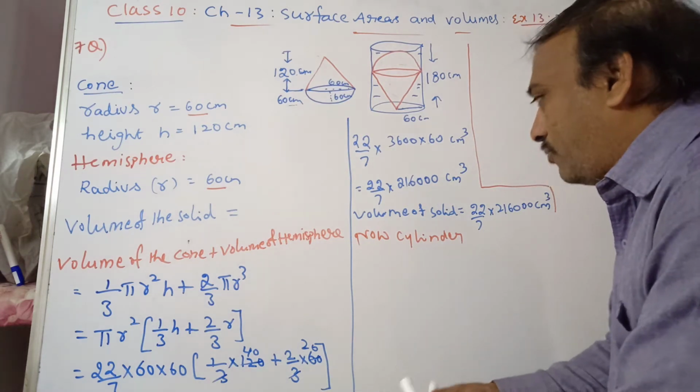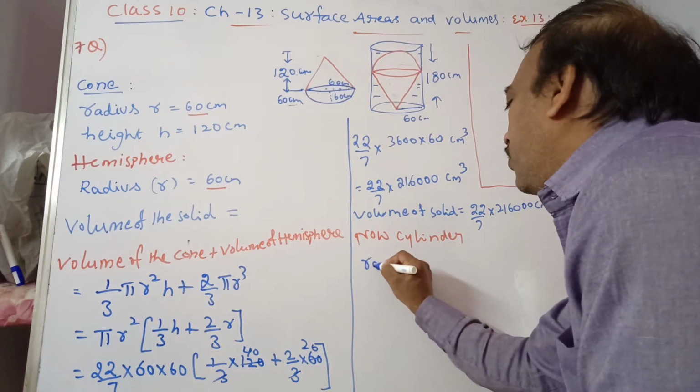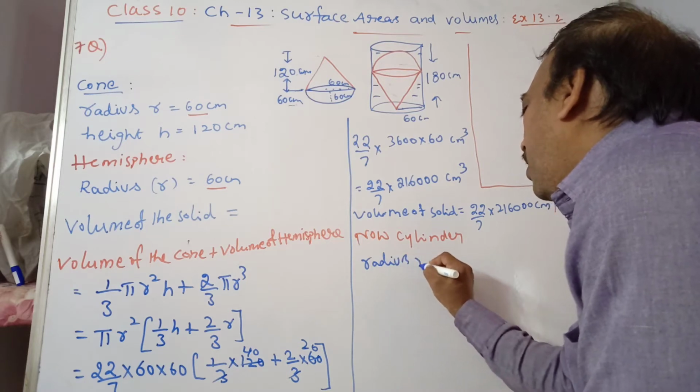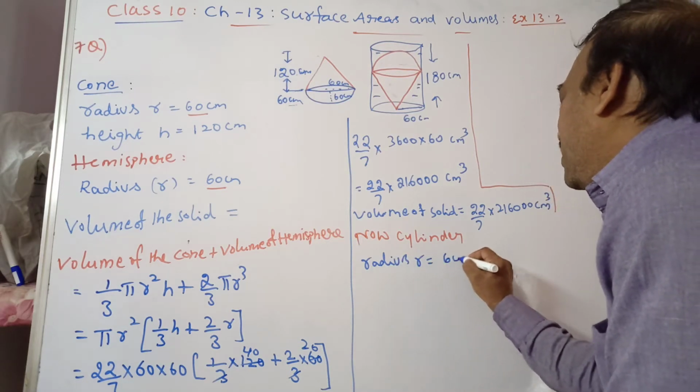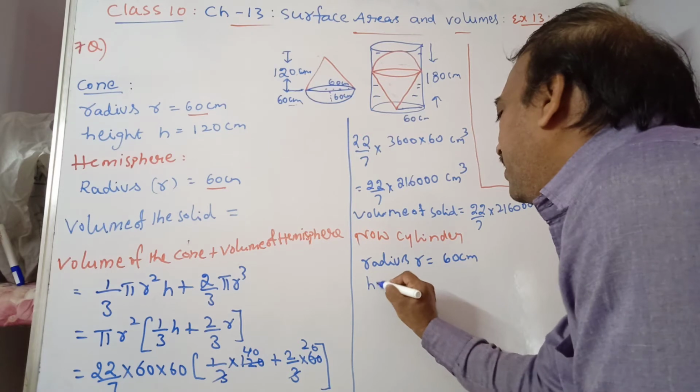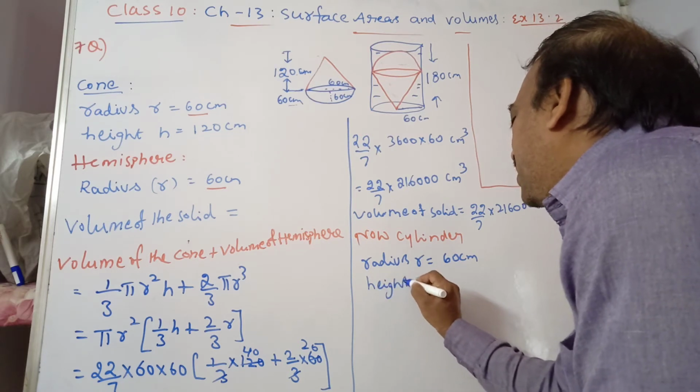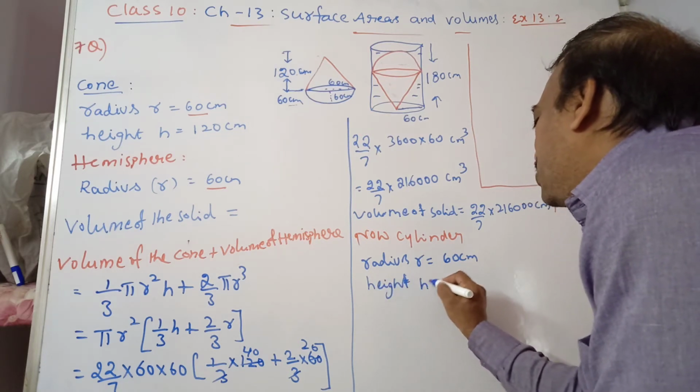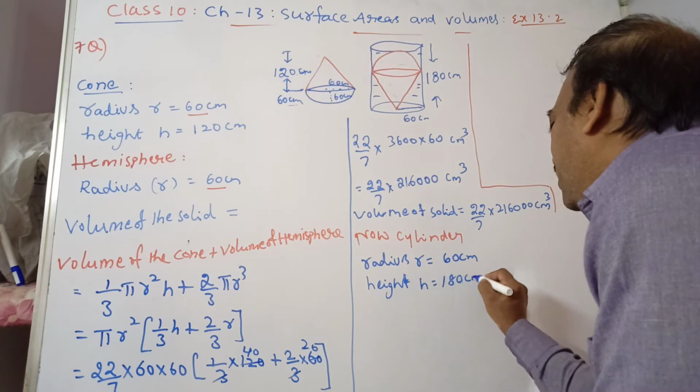Cylinder radius, how much? Radius R is equal to 60 centimeter, and height H is equal to 180 centimeter.